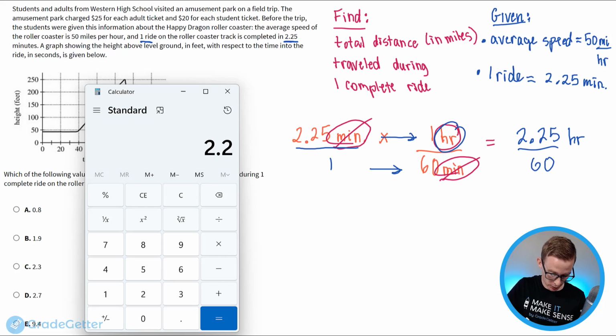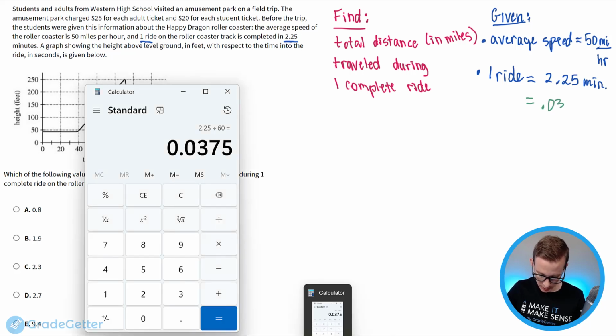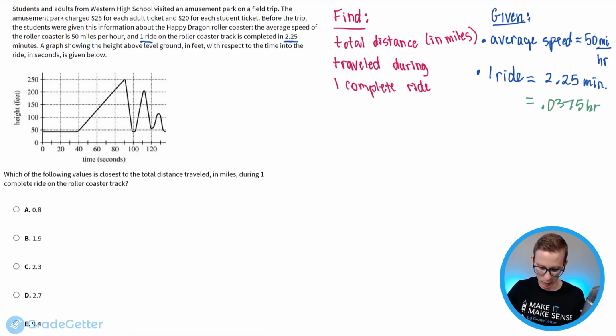So 2.25 divided by 60 equals 0.0375. So if one ride takes 2.25 minutes, that's the same thing as 0.0375 hours.